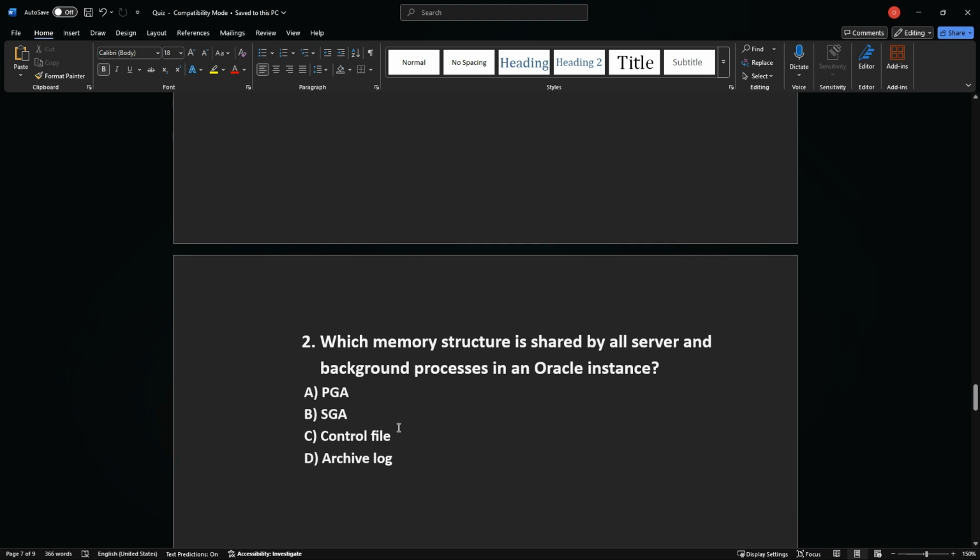Option A, PGA. Option B, SGA. Option C, control file. Option D, archive log files. Which memory section do you think is shared by all server and background processes in an Oracle instance?